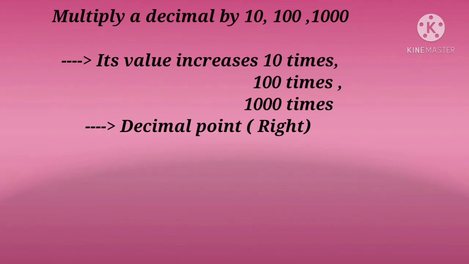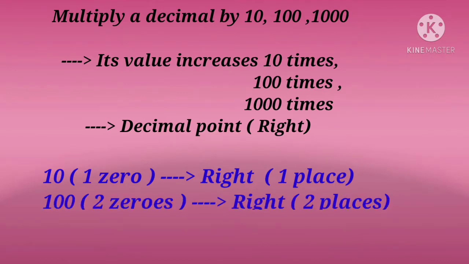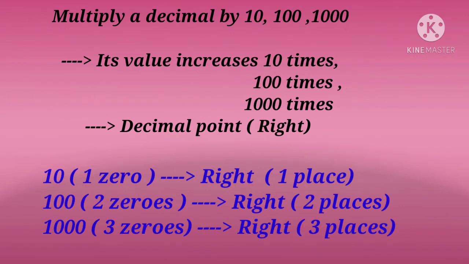There is one zero in 10, so the decimal point moves to the right by one place. 100 has two zeros, so the decimal point moves to the right by two places. On multiplying by 1000, the decimal point moves to the right by three places. Let us see some examples.